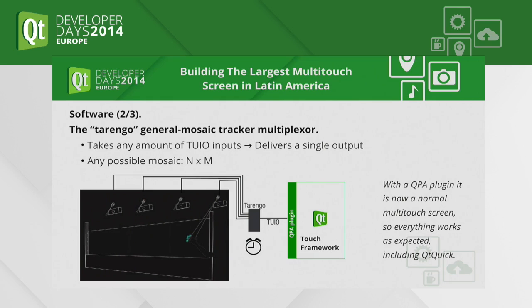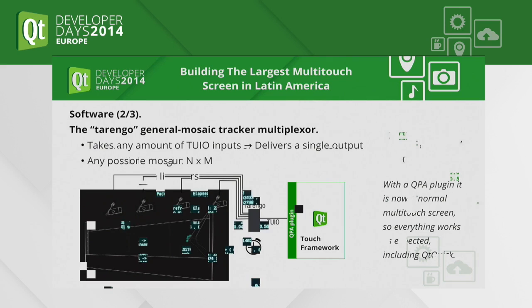But now they invented, I think it was named the Lighthouse project, and now we use the QPA plugin to basically turn this input that's really coming from the network into a real touch device. And now after we do this, basically everything works because it is now a normal touchscreen. So it can be used as any other touchscreen. So everything in Qt Quick and everything in the touch framework works nicely.